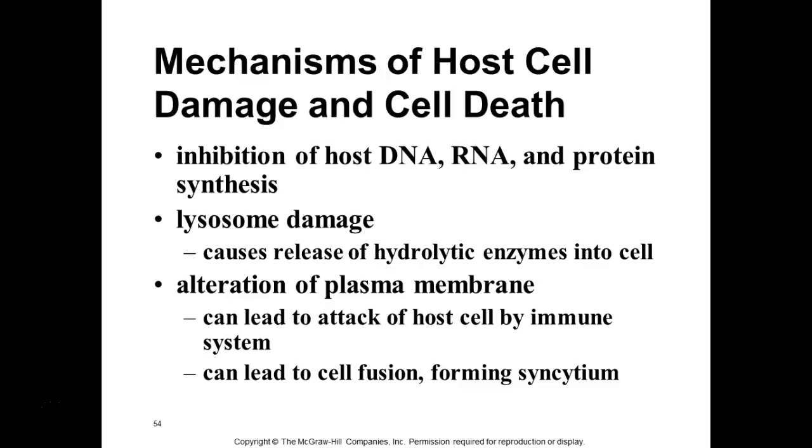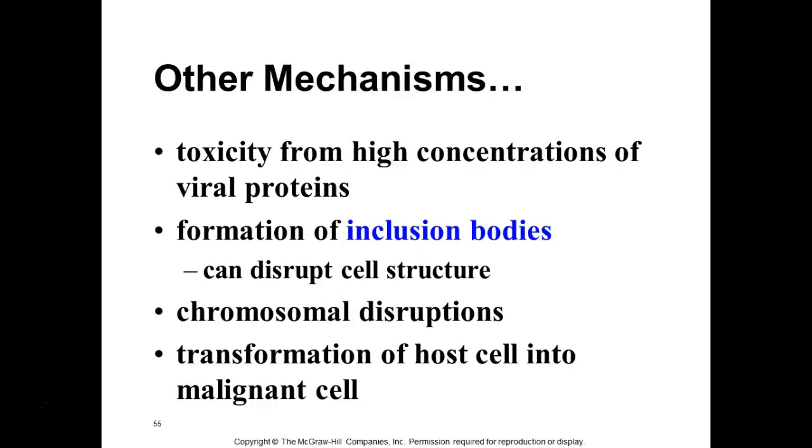It can cause our cells to do weird things like fuse together, even though they're not supposed to do that. Of course, something that's not us building up inside of our cells can be toxic and actually lead to the death of the cell. And then there's those inclusion bodies that I mentioned before, especially for rabies.